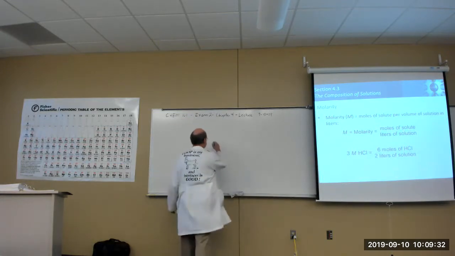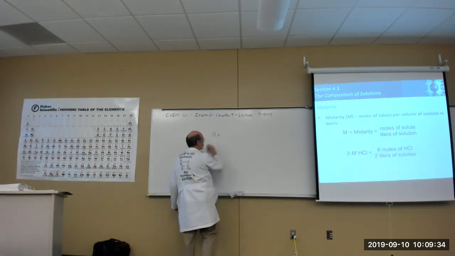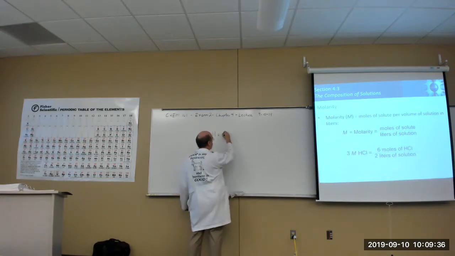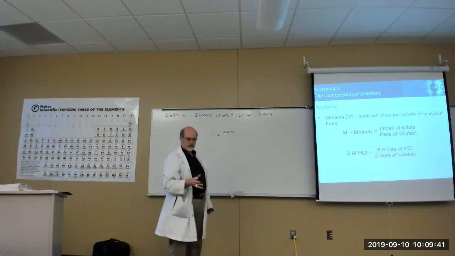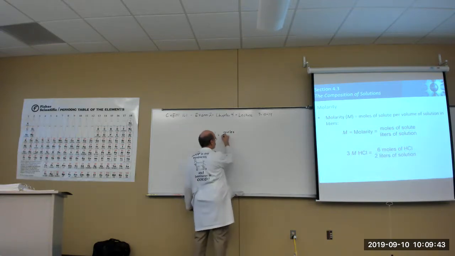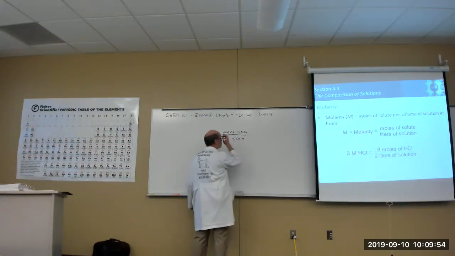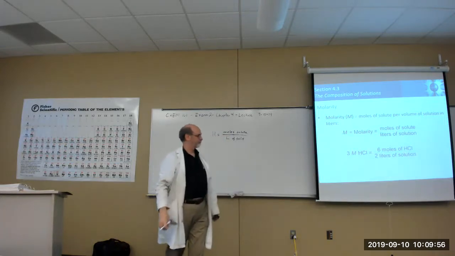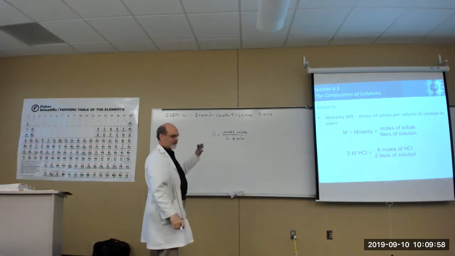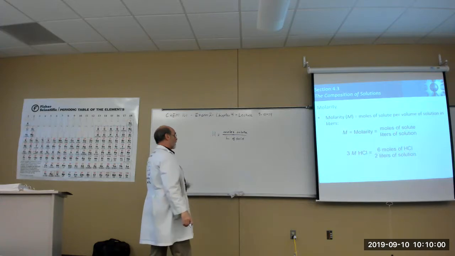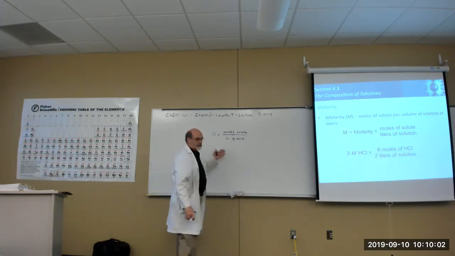And molarity is equal to the number of moles of the solute that is dissolved in 1 liter of solution. Moles of solute in liter of solution. That's the definition. So what we have here is a formula.